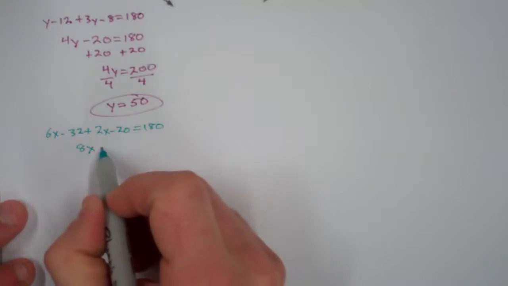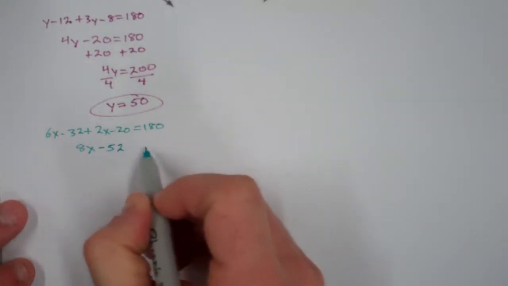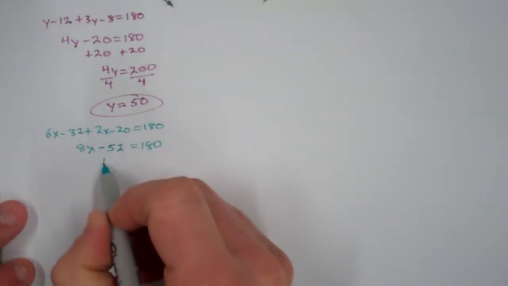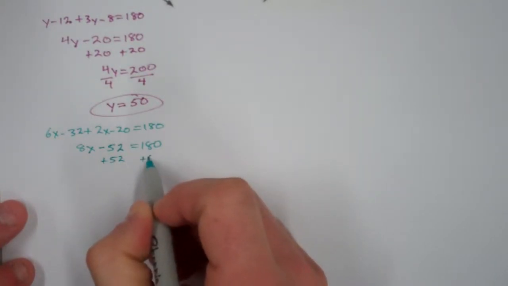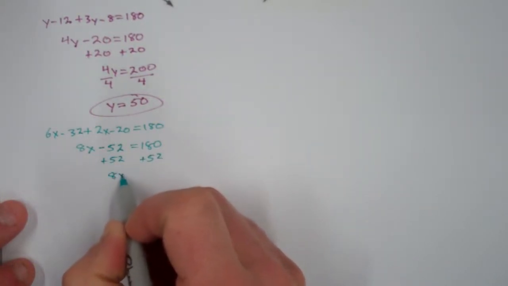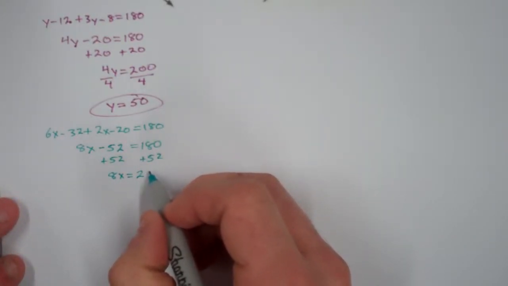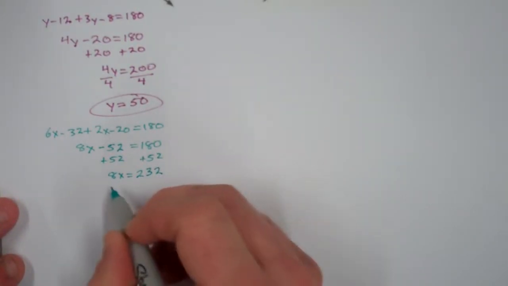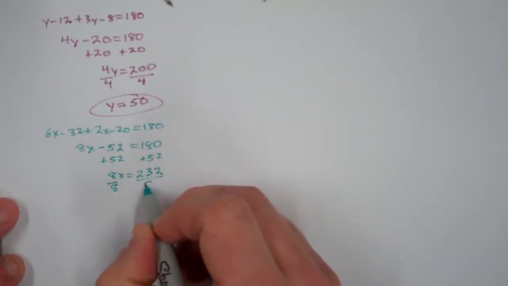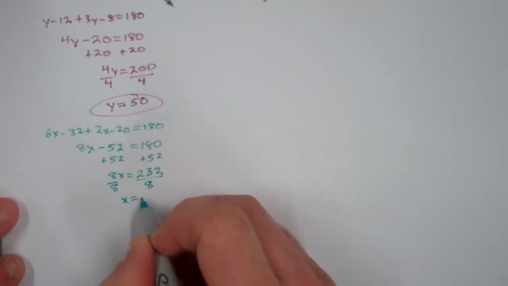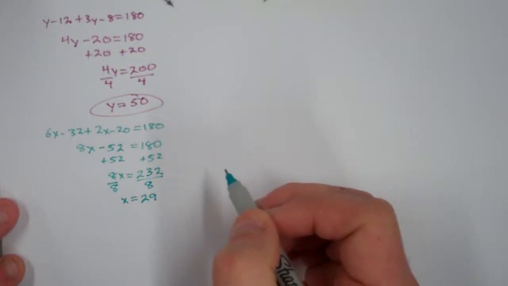Negative 32 minus 20 is negative 52. We'll add 52 to each side. That's going to be 232. We'll divide by 8, and x will be 29.